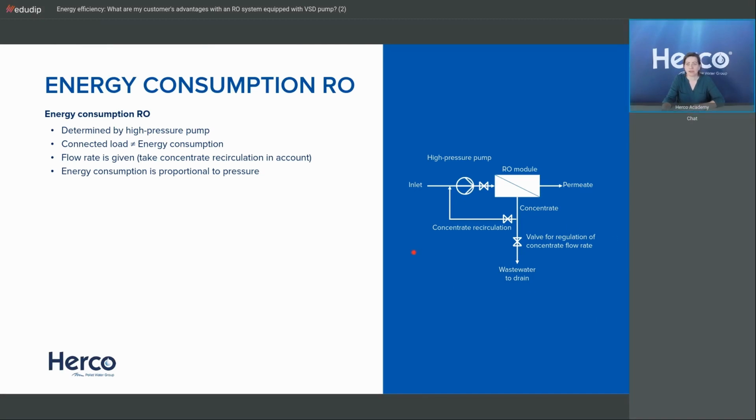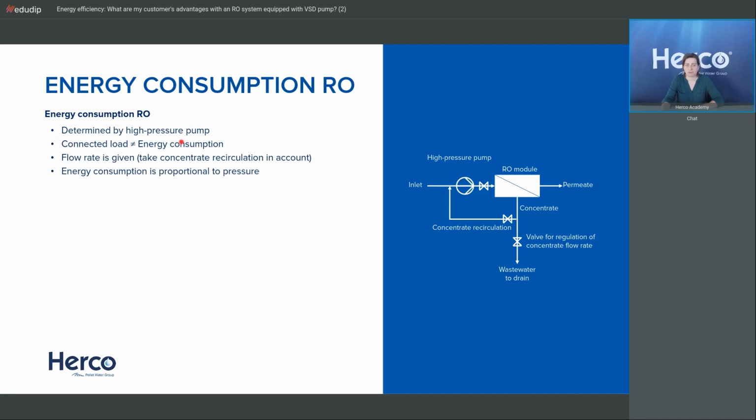We have a high pressure pump, the RO module, permeate, concentrate, and possibly a certain concentrate recirculation flow. Maybe we have a dosing pump here. So basically the consumer here is the high pressure pump. That's clear. If we have dosing pumps or maybe some motor ball valves, the consumption is really low compared to the high pressure pump.